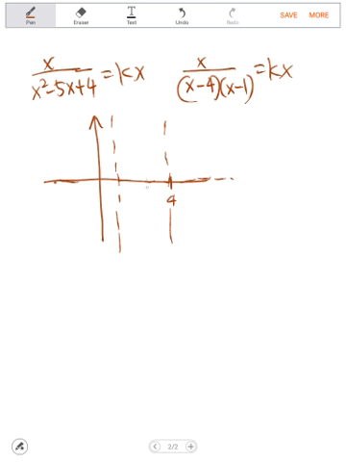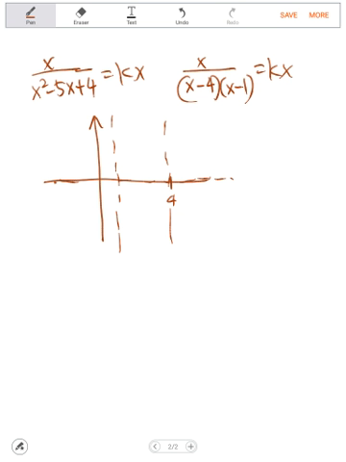So maybe I use the help of a GC to graph this first. x over x squared minus 5x plus 4. So I shall graph this. Right, so when y equals 0, what do I get?